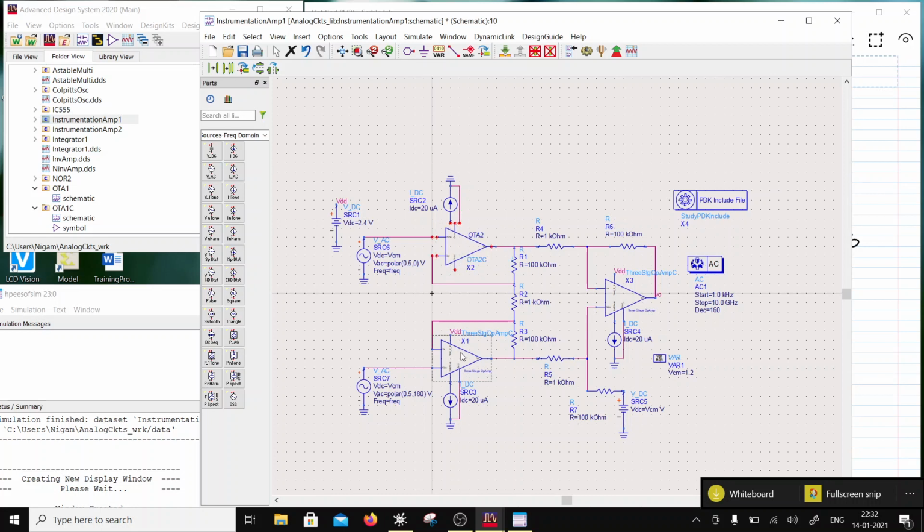So that would replace here. So I'm going to delete all these. Okay, I might not need the current source, so that goes off. So this one goes off and this one goes off. Okay, non-inverting, inverting. Okay, fine.